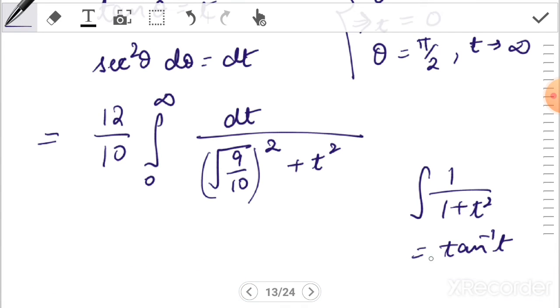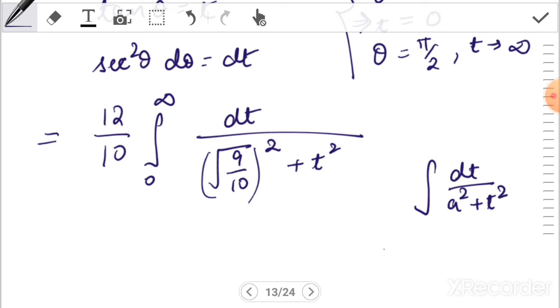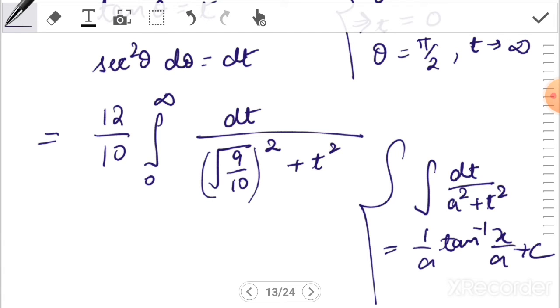And if this is a square plus t square, if it is dt by a square plus t square, then this is equal to 1 by a tan inverse x by a plus c. We know this. So now we have a standard form. So the answer is 12 by 10 and this is 3 by root 10.